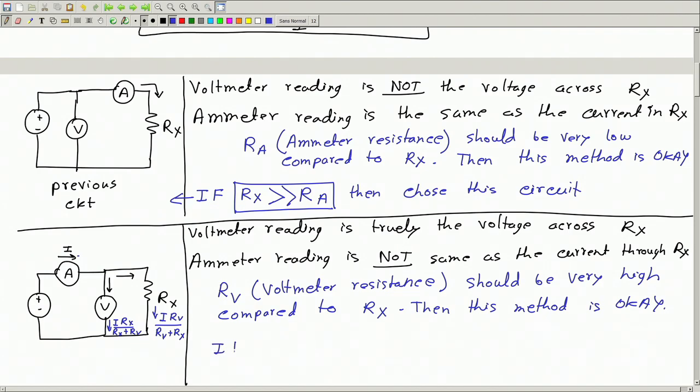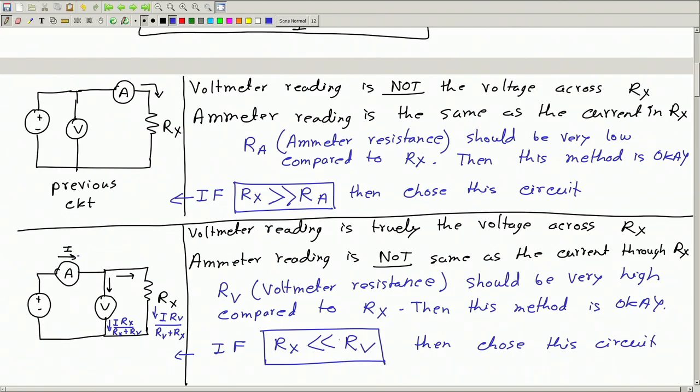Similarly, if I have Rx much less than Rv, then choose this circuit.